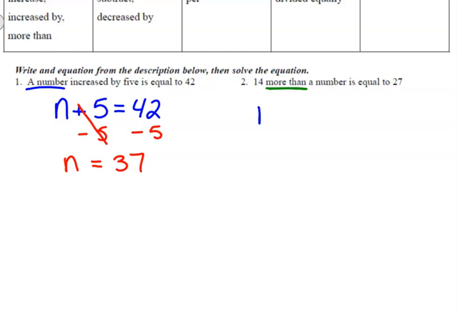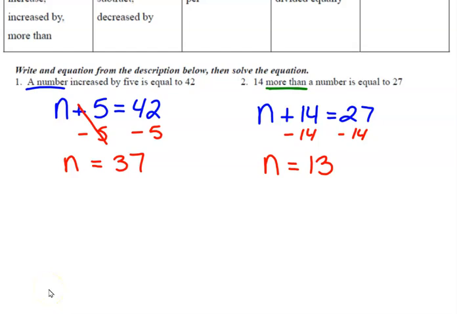So if I have a number, I'm going to add 14 more to that number, and that's going to equal 27. So because it's a plus 14, I'm going to minus 14 from both sides. And so n is going to equal 13. Again, you can use a letter X or any letter that makes you happy. I tend to use n because they use the phrase a number.